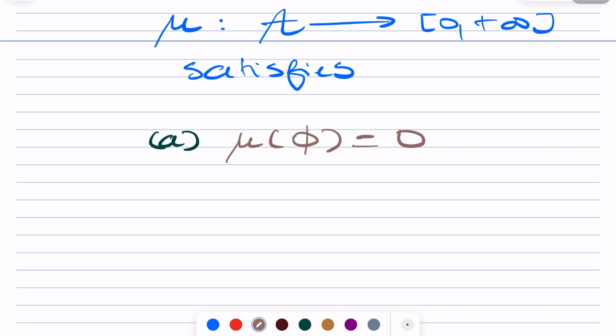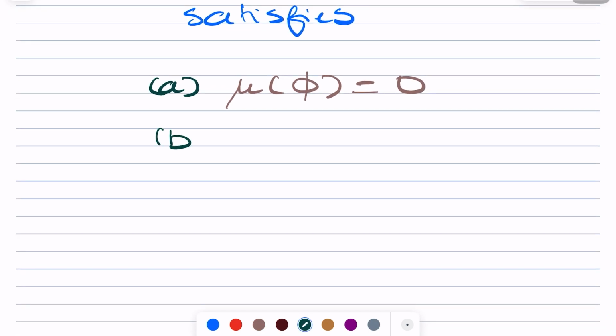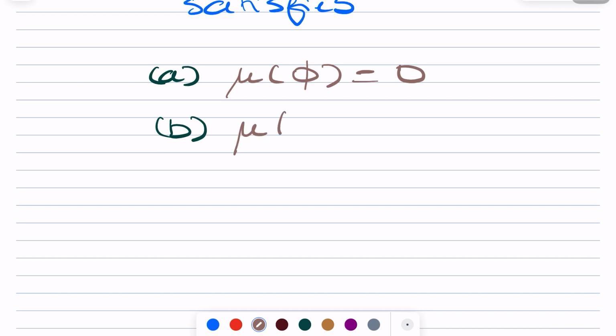And we have mu of the union of A_n, n moving from 1 to infinity, is equal to the summation over n from 1 to infinity of mu of A_n.